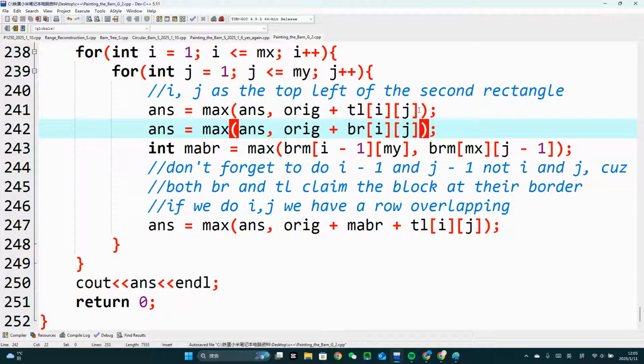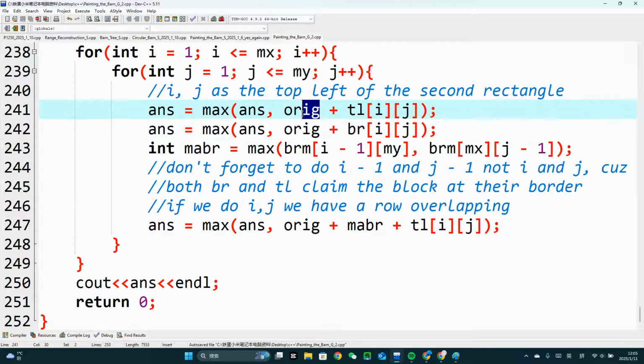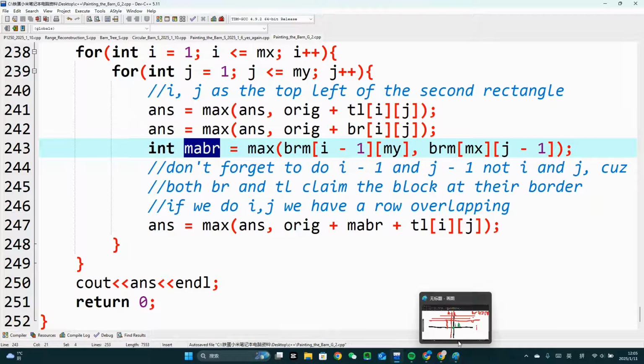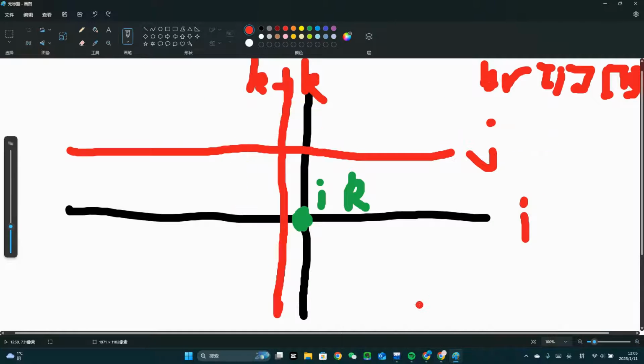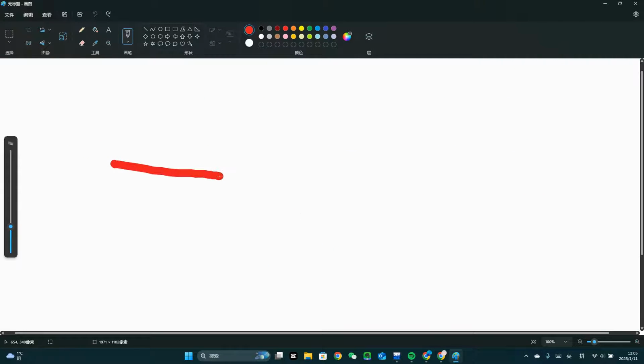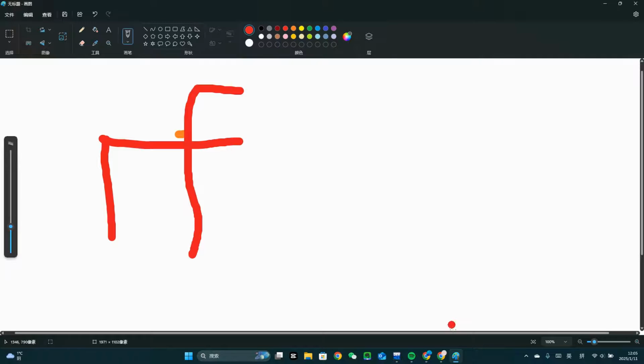So we iterate through every rectangle with top left at ij and bottom right at ij, and original is just without painting any, how many are there? And max BR is, as we already said, taking the prefix max of, say we have the top left at this point, taking the prefix max top left of this region and this region for all the BRs.